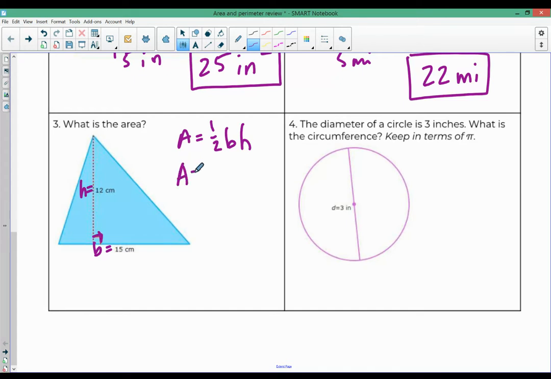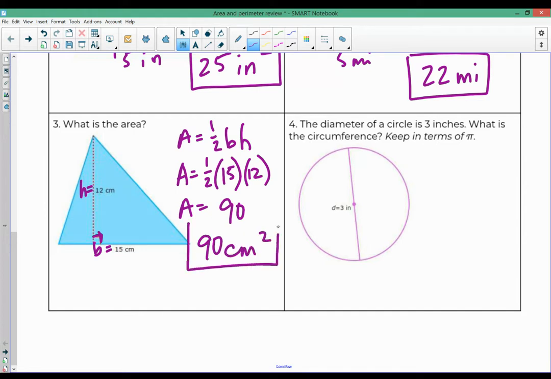We'll just plug that in. 1/2 times 15 times 12. You can plug it into your calculator just like that. Multiplication is commutative, so it doesn't matter the order. That gives you 90. So that'll be 90 square centimeters.